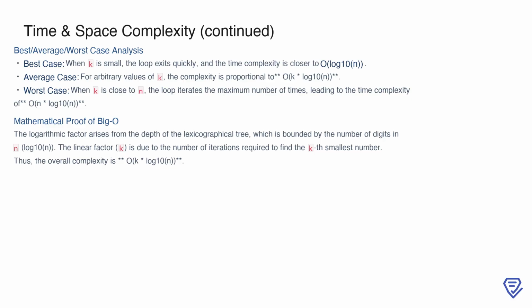The logarithmic factor in the complexity stems from the depth of the lexicographical tree, which corresponds to the number of digits in n. The linear factor, k, arises from the number of iterations needed to find the kth smallest number. Together, these factors give us the overall complexity of O(k log 10 n), consistent across all cases.